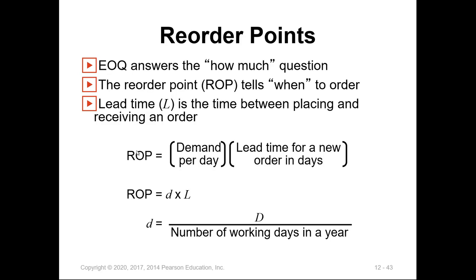The firm should identify the reorder point, which tells the firm when to order considering lead time. The reorder point will equal demand per day multiplied by the lead time for a new order in days. The demand per day can be found from dividing the annual demand by the number of working days in a year.